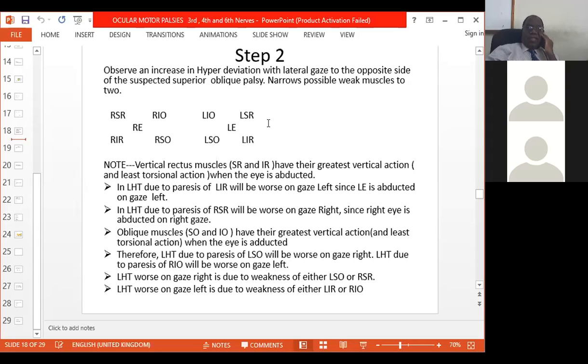The gaze right, this gaze right is this side. It's a question, it's looking the opposite side. If you are not clear, come. No, it's clear, sir. It's clear now, eh? Yes.